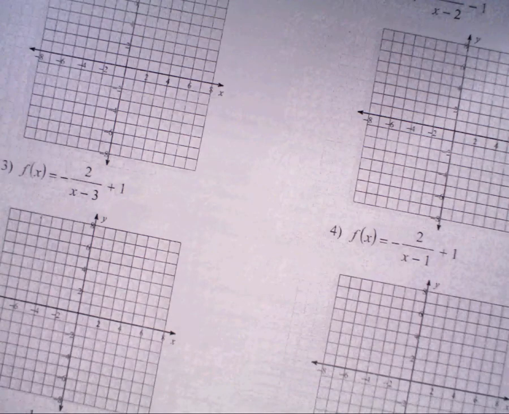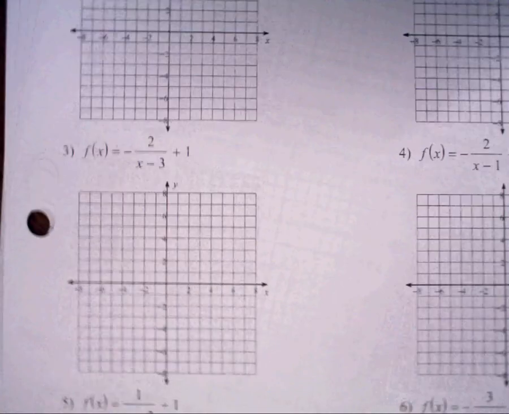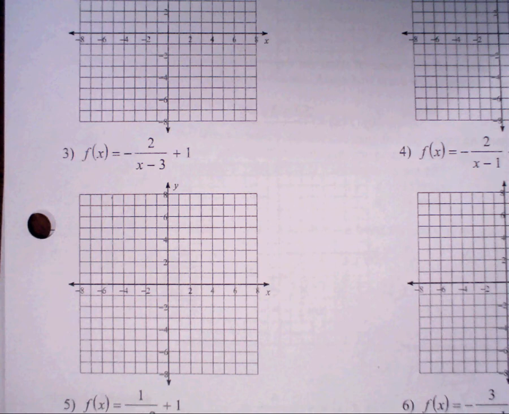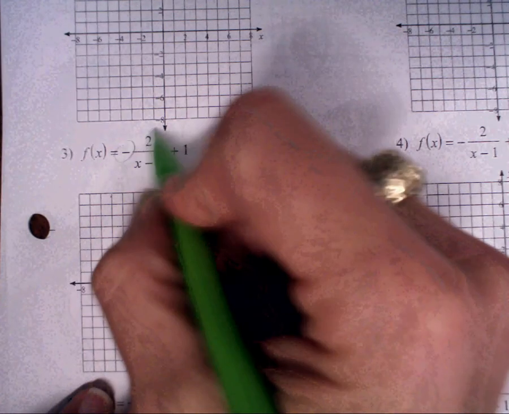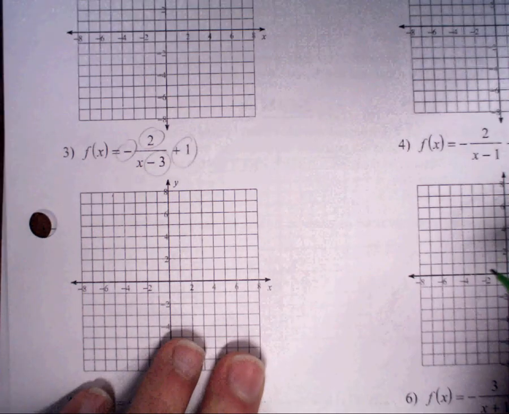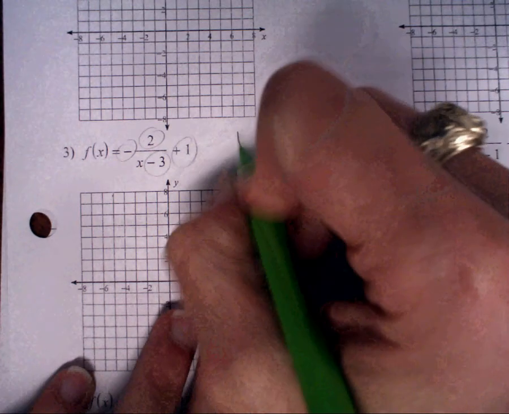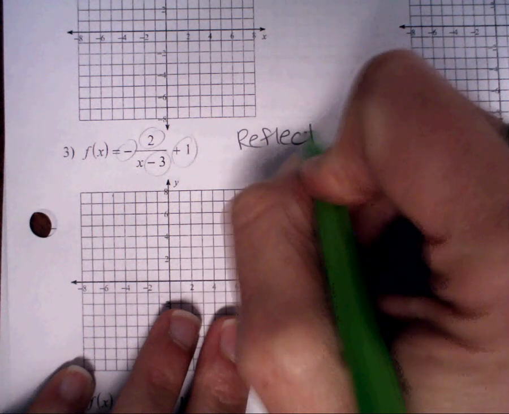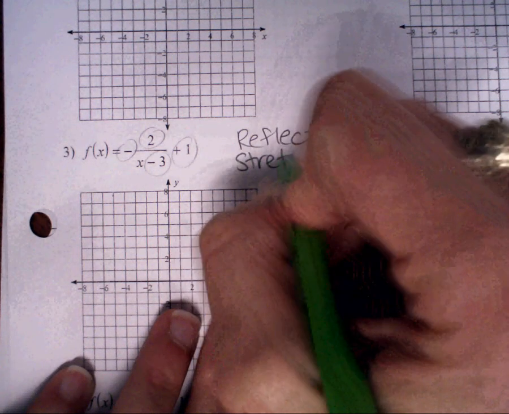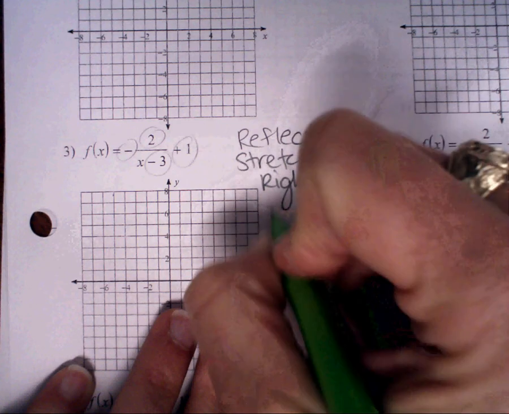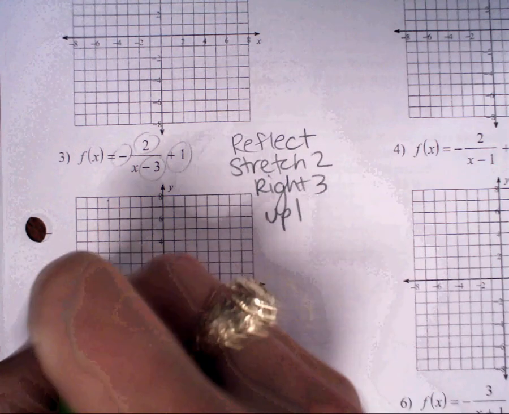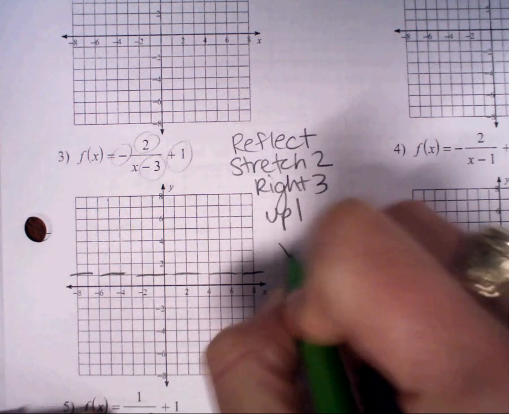So if we jump to some of these transformation graphs, say let's see, number 3. So let's describe it. So these 4 things that I circled can describe it. So we got to reflect because of the negative. We got to stretch because of the 2. We got right 3 because that one's lying to you, and up 1. So the up 1 is my horizontal asymptote, y equals 1.